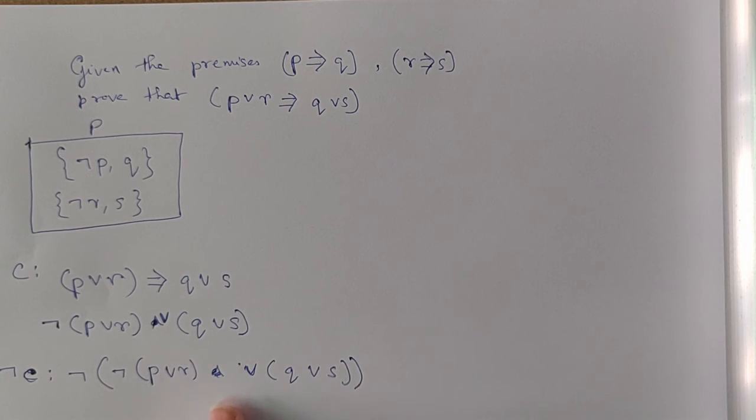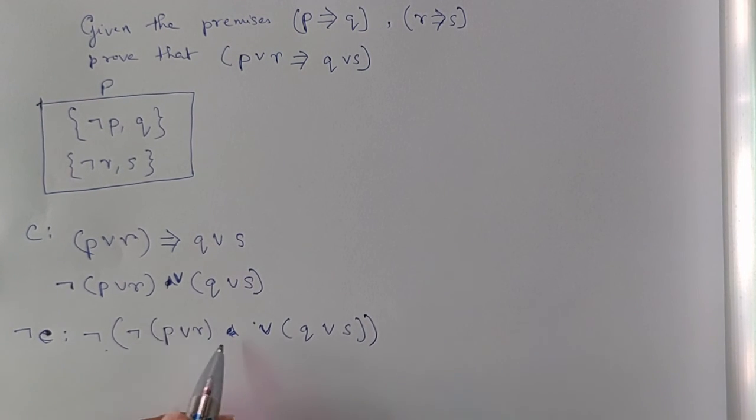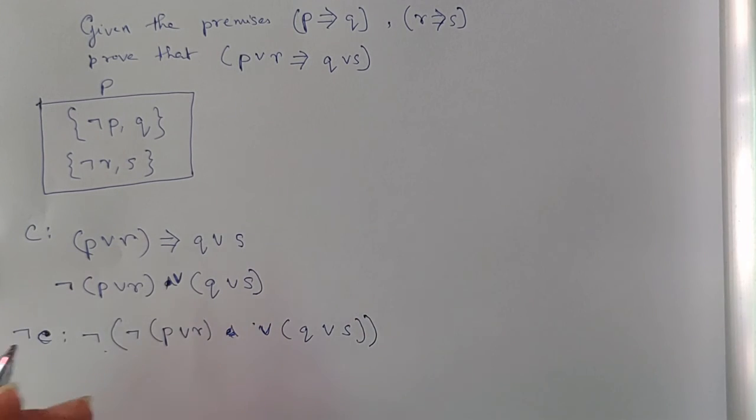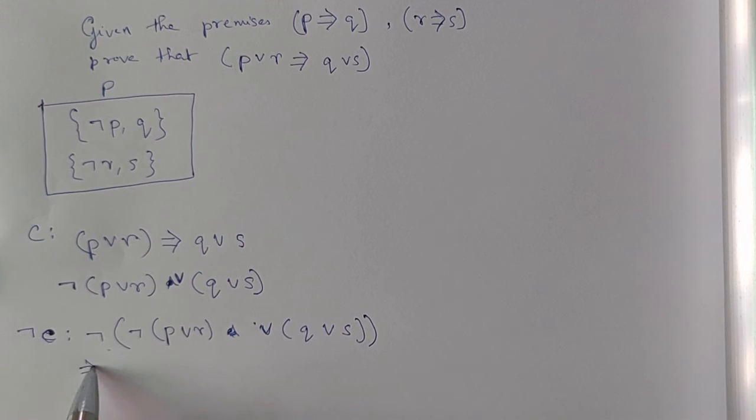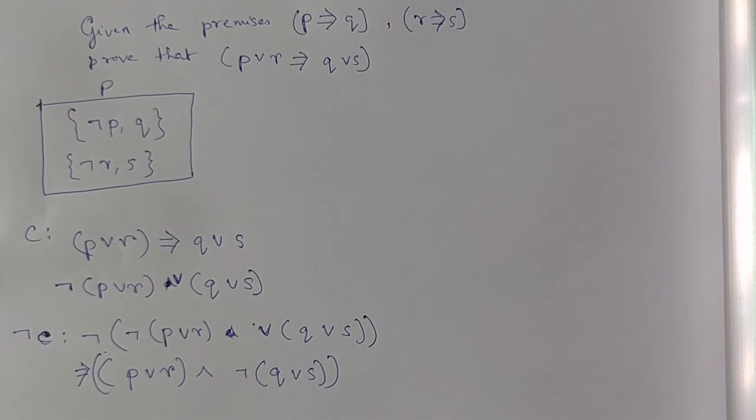Now let us take this not inside. So not of not, negation of negation, means the same thing. So this is equivalent to P or R. This will become and now, not of, right?